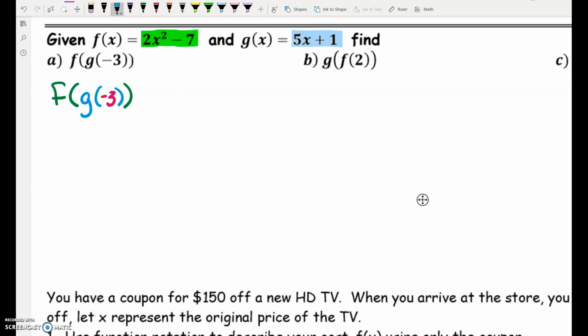We're going to start by doing g of -3. This is just evaluating that g function using the number -3. So it's 5 times -3 plus 1. What is 5 times -3? And -15 plus 1 is -14.